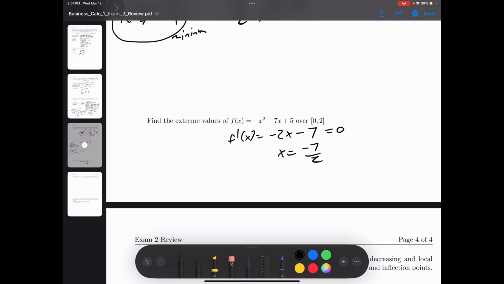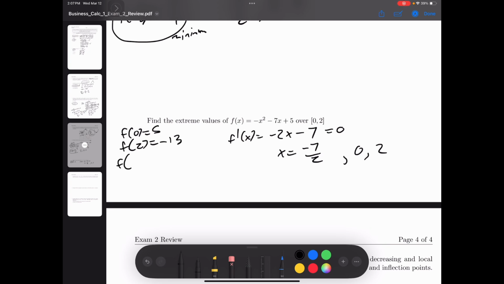And so in this case, we have the extreme values, x equals negative 7 over 2, but we also have 0 and 2 again. So if I plug in 0, f of 0, I get 5. If I plug in f of 2, I get negative 4 minus 14. So that's negative 18 plus 5 is going to be negative 13.